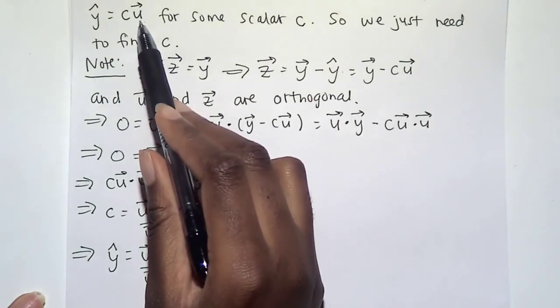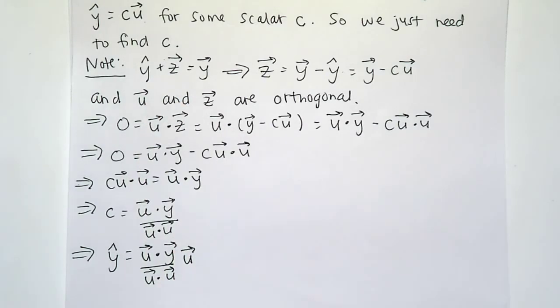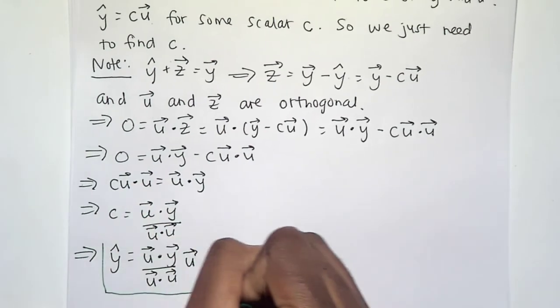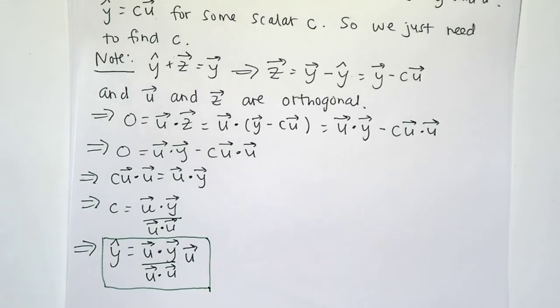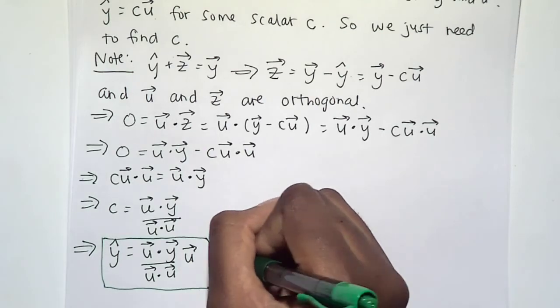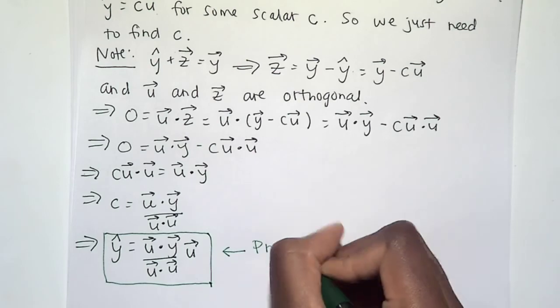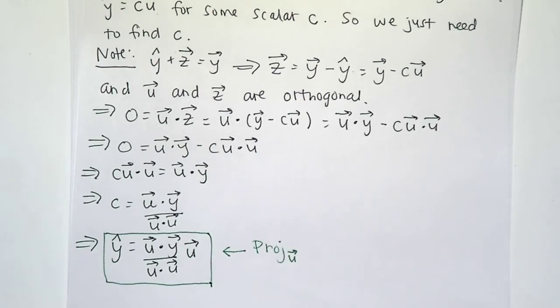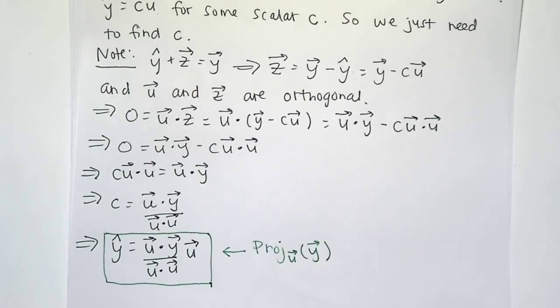So this is regular multiplication, not dot product. And this is what's known as the projection of y onto u. So you may see this denoted as proj with the subscript of our vector u. Inside we have y. So the projection of y onto u, or the projection onto u of y.